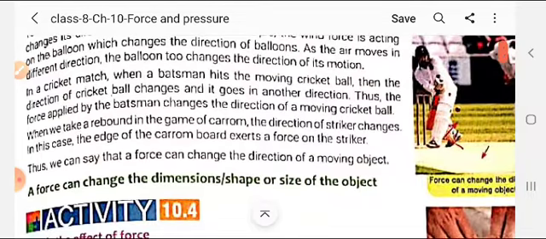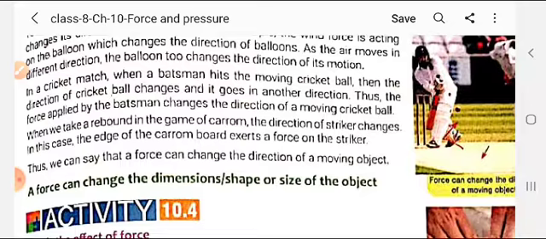In a cricket match, when a batsman hits the moving cricket ball, suppose the bowler has thrown the ball which is going towards the batsman, but the batsman hits the ball and changes the direction of that moving ball which was coming towards him.